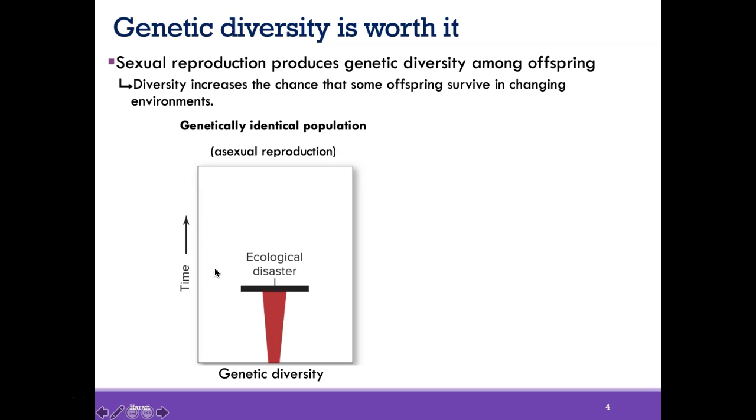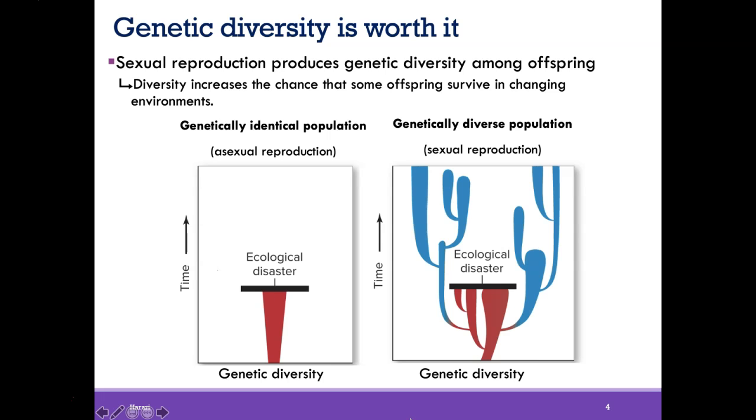In a genetically diverse population, so you have offshoots, right? You have some branch points where you have different combinations of genes coming together. So you have diverse genes. So yes, an ecological disaster will get rid of a lot of your organisms. But because there is some mixing and matching of traits, right?